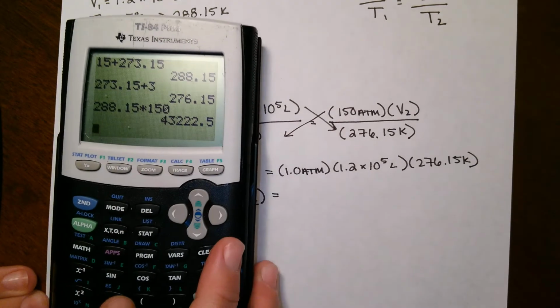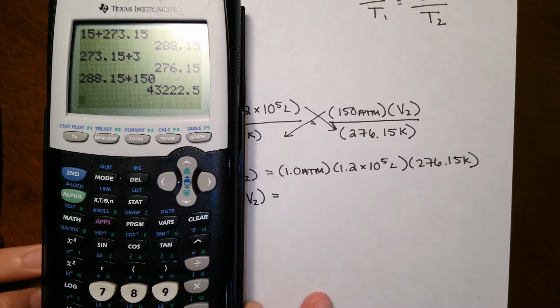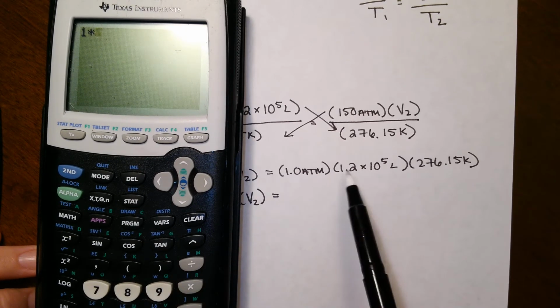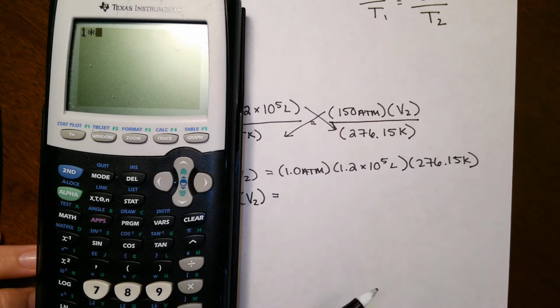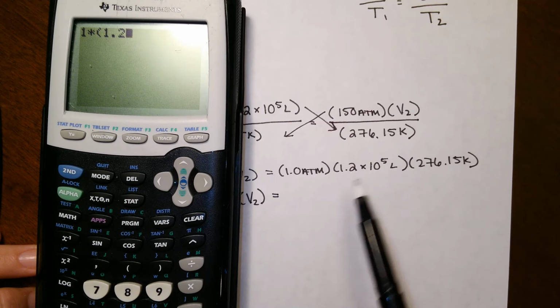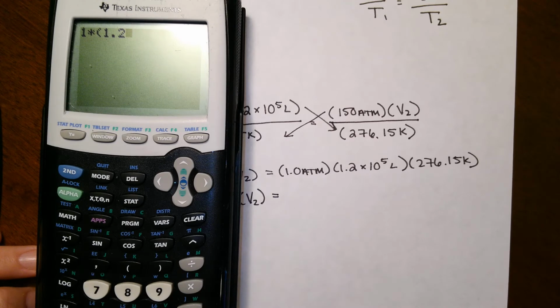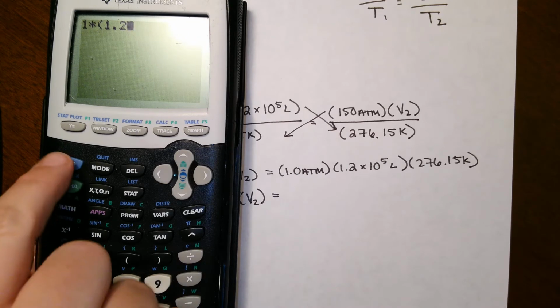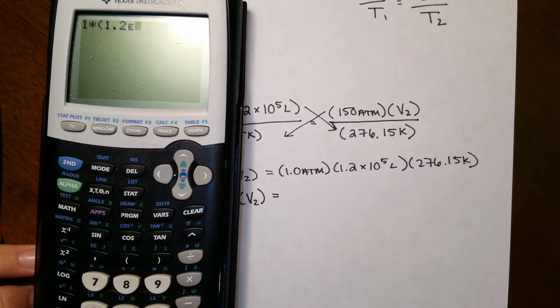On the other side, I know that this is a little bit trickier, so we can go ahead and plug it in together. We're going to do 1 times, since we have scientific notation, we're going to have to use parentheses. So 1.2, instead of plugging in times 10, we're just going to use that EE button. If you have one of those black calculators, you're just going to push the key just above the 7. If you have a graphing calculator like this, you're going to press that second key, EE 5.